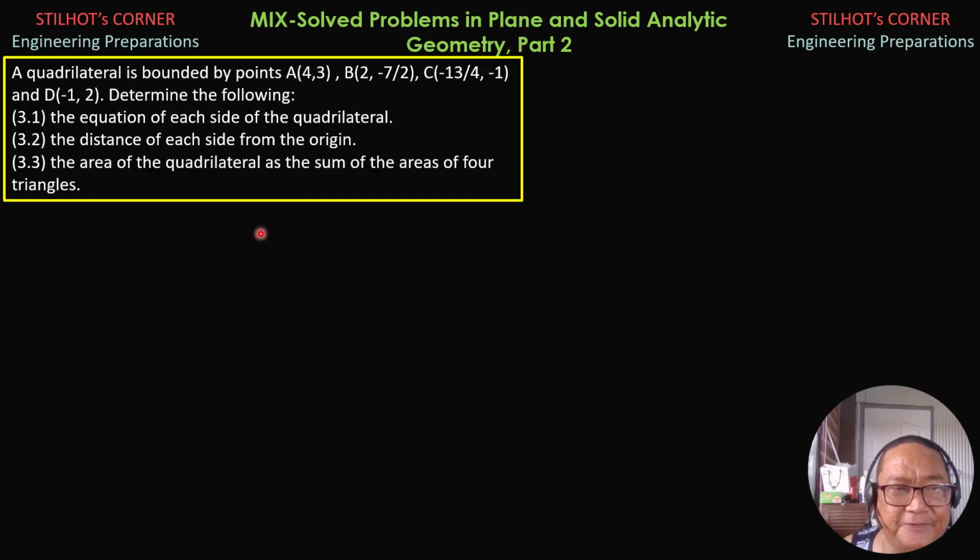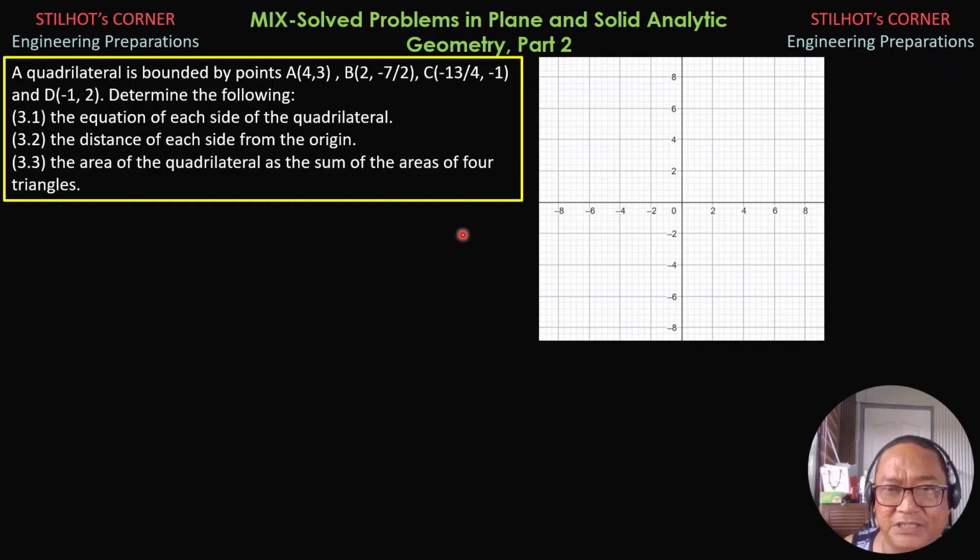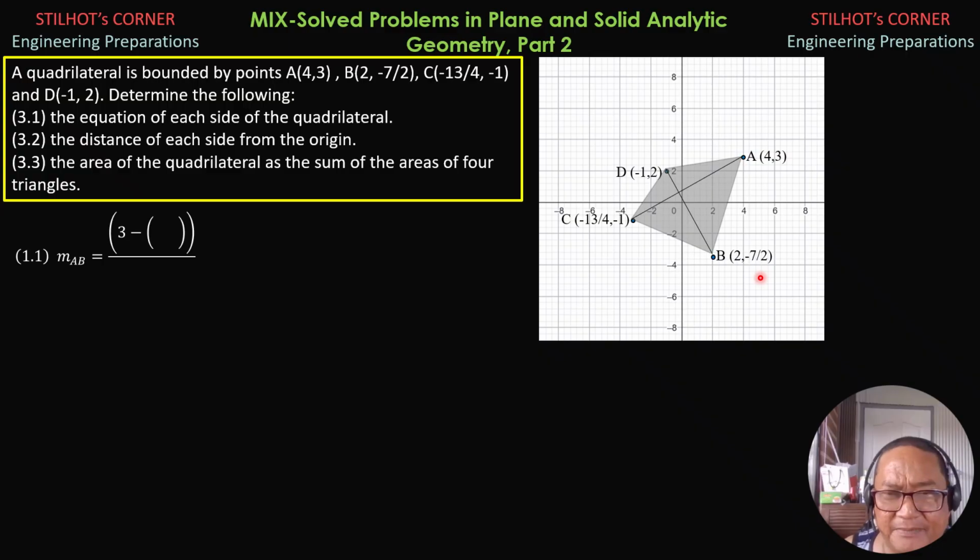So first, for the equation, let's plot the points first: A, B, D, C, and B. Then this is the quadrilateral. The slope of AB is equal to 3 minus negative 7/2 all over the quantity 4 minus 2, and that is equal to 13/4.